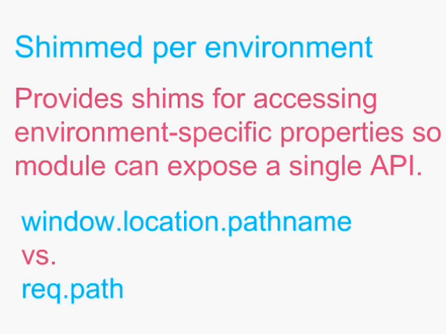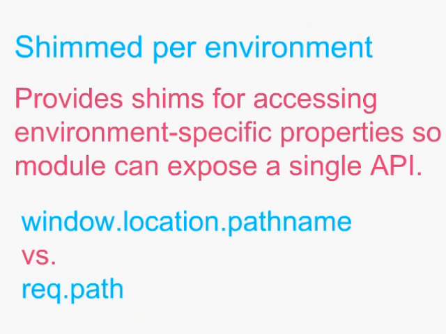If it were running in the client-side environment, it might access window.location.pathname, whereas on the server side, with Express, a popular Node.js web server, it might access req.path for the same value.